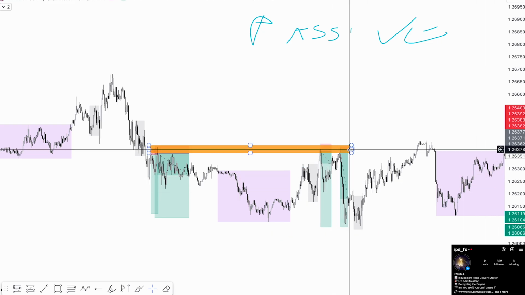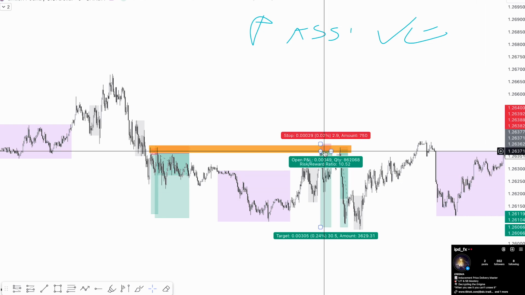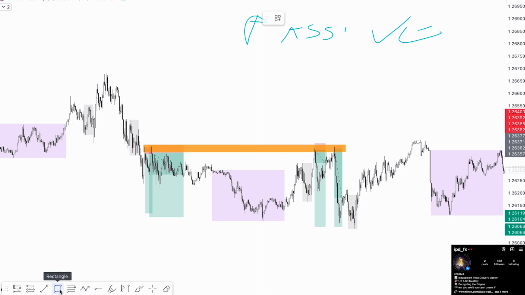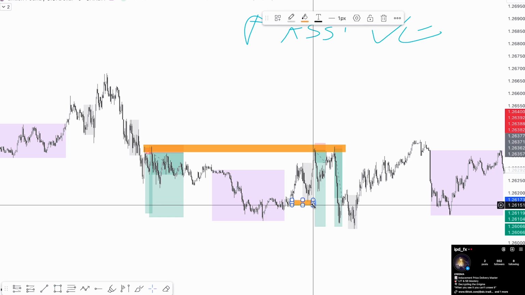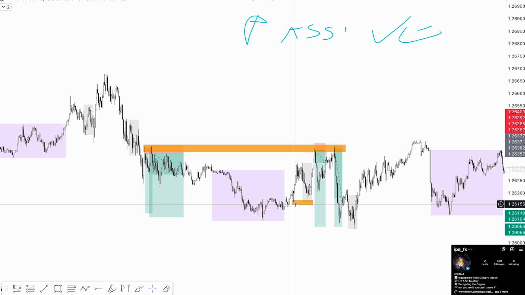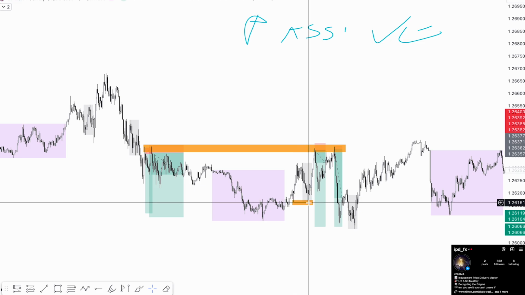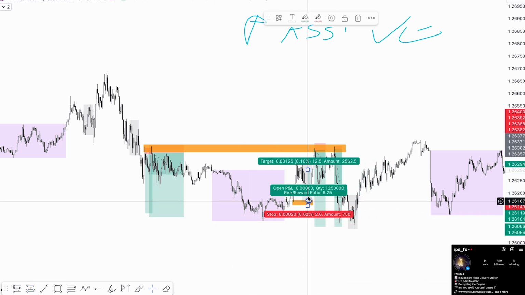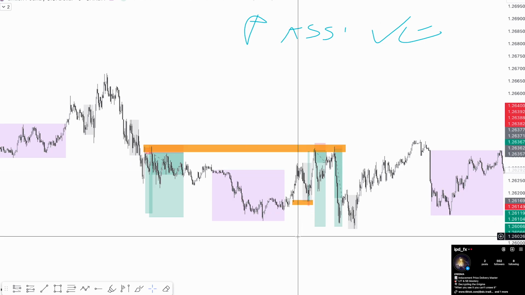So here you have the first liquidity. But as you can see, here you can have other liquidity, because here you have another support or resistance, call it however you wish. Here people are entering long.